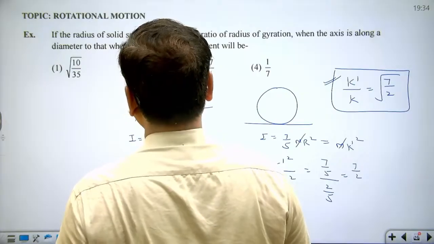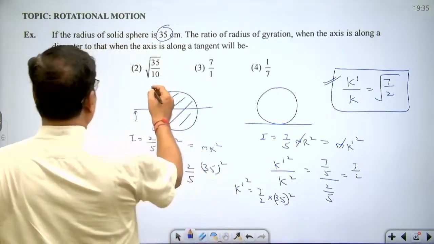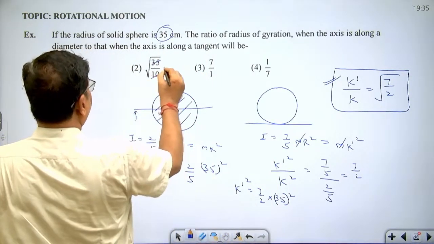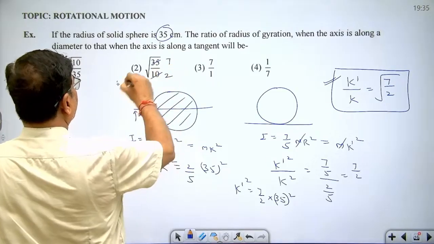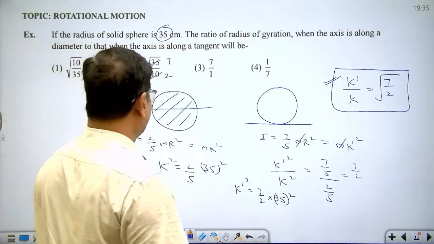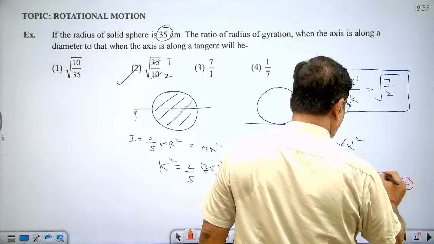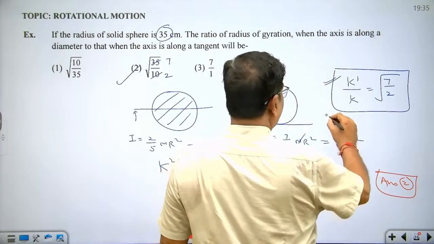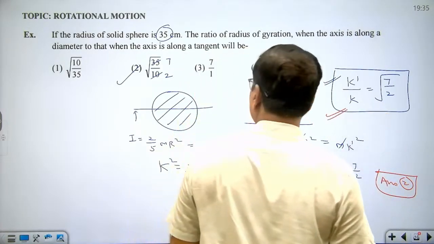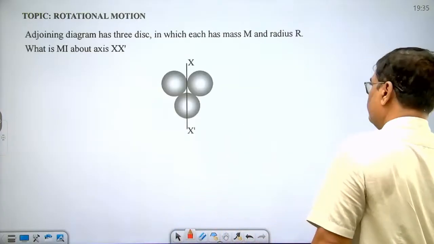Okay. Under root 7 upon 2 is coming. You cut this 5 with 2 7. So this is the answer. Okay. So the answer to the given question is option 2. Sometimes this type of confusion also comes into the picture. Okay. Dear student, k dash upon k is under root 7 upon 2. So the answer to the given question is option 2.